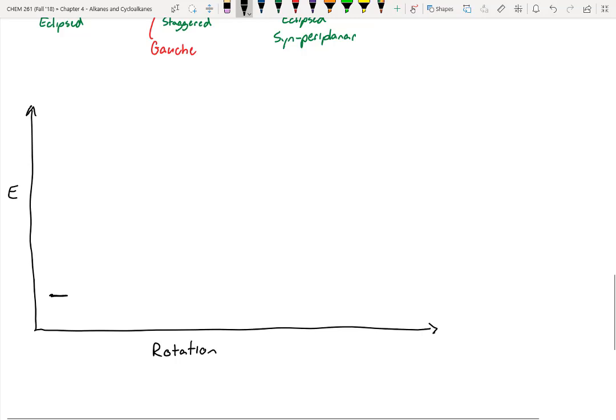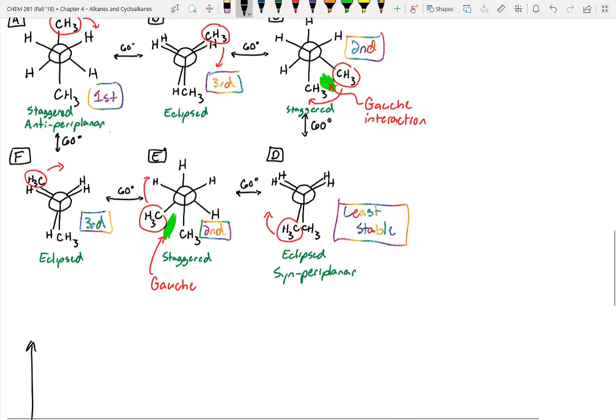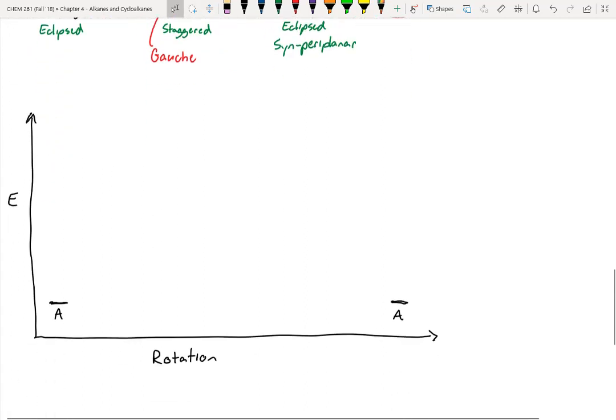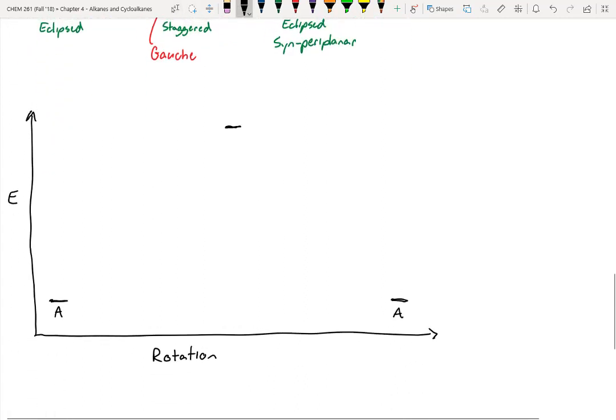So I'm going to put A down here, relatively stable, so low potential energy, and eventually we're going to get back to A. All right, what was the highest potential energy? D. If we go back up and we look at it, D was definitely. The other thing too is D is about halfway between getting all the way back to A. Do you see that? So we go 2 clicks and then we get to D, and then 2 clicks further and then we can go back to A. So I'm going to put D in the middle at some really high energy right here. Makes sense?